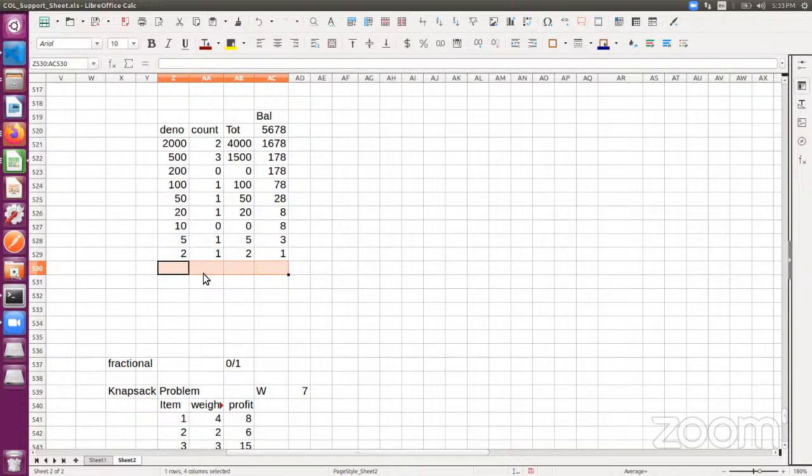The denomination is removed. So we cannot apply the greedy strategy, because what happens is at last you end up with a balance which is not filled. But there are other solutions. I can make this 0, and then make this 4, and then I'll get the solution.